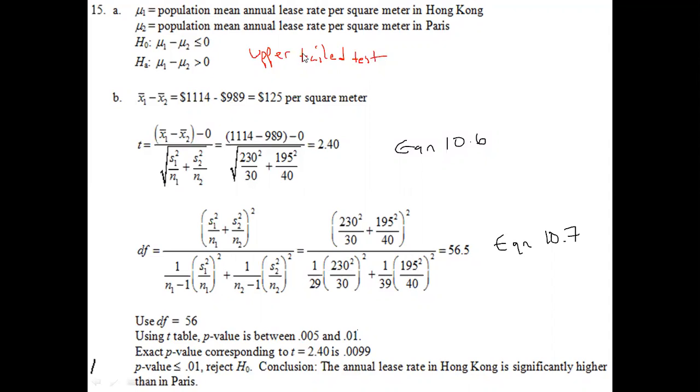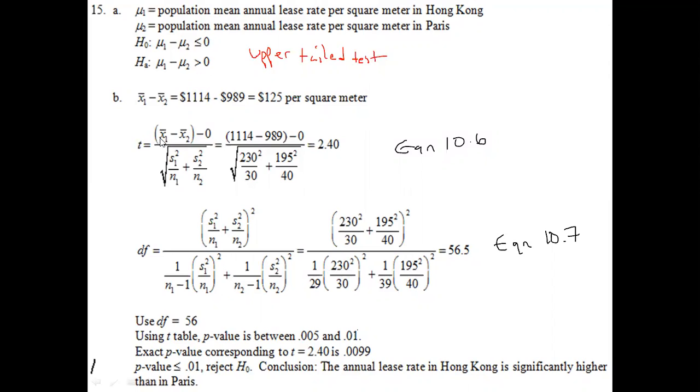All right, so first let's find the difference in the actual means. We just take 1114 minus 989, and we get a $125 per square meter difference. Now we have to find the t-value because we don't know the population standard deviations here, so we're going to use t.